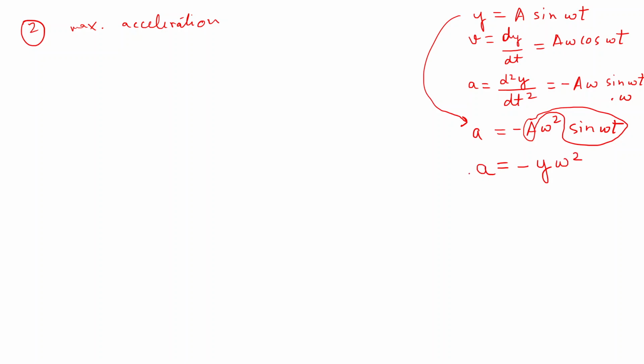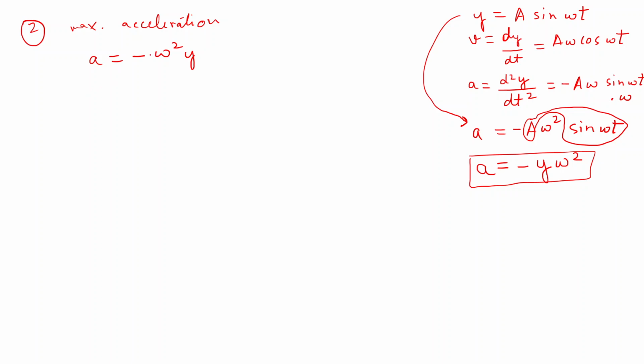So what we see is acceleration is related to the displacement by this relation. This is another form of representation, and using this we can find the maximum acceleration. So acceleration depends on minus omega square times the displacement, which we can denote with x or y, it's fine.